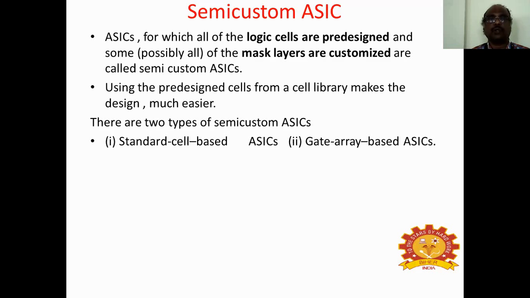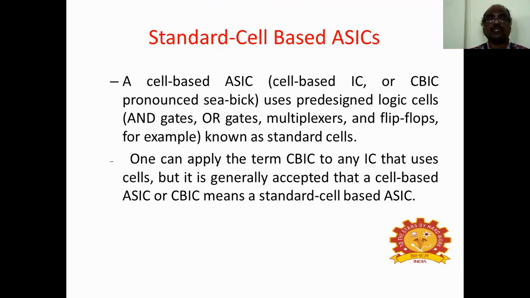Because of that, there are two standard approaches for semi-custom application specific ICs: the standard cell-based ASIC and the gate array-based ASIC. A standard cell-based ASIC is one which uses predefined logic cells, that is AND gates, OR gates, multiplexers, and flip-flops, known as standard cells. These cells are used in the standard cell-based approach.